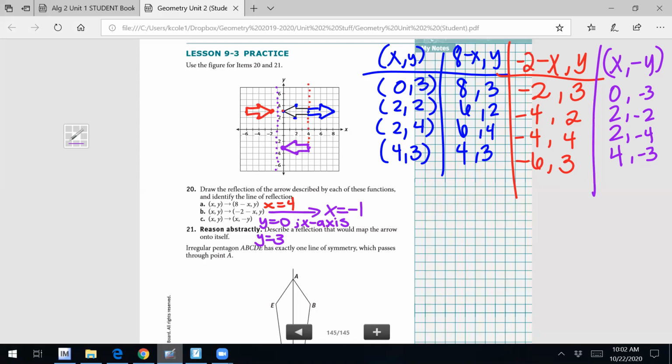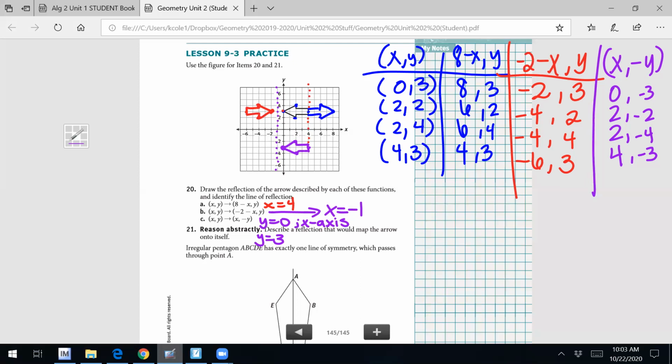All right, now the one below it says an irregular pentagon A, B, C, D, E has exactly one line of symmetry, which passes through point A. What is the image of point C under the reflection across the line of symmetry? Now remember, image is the second one.